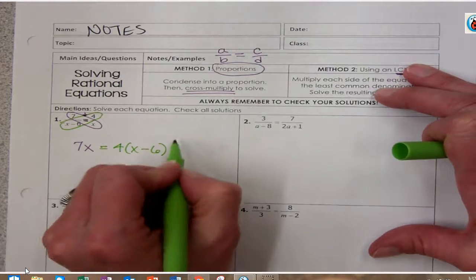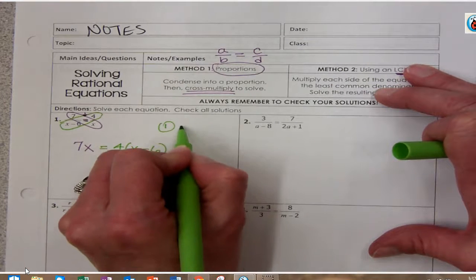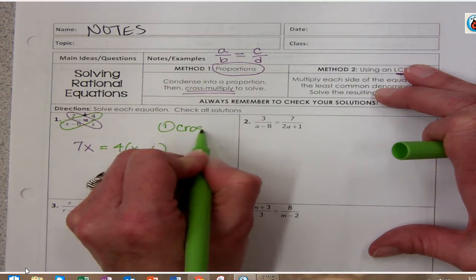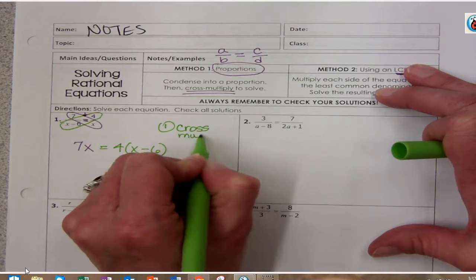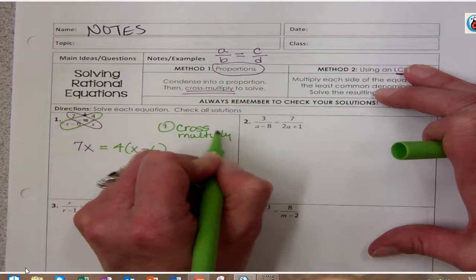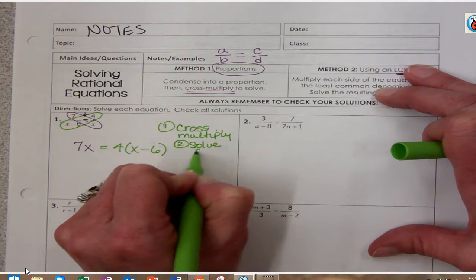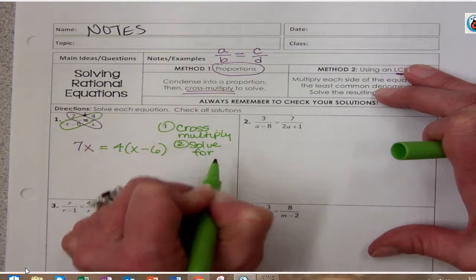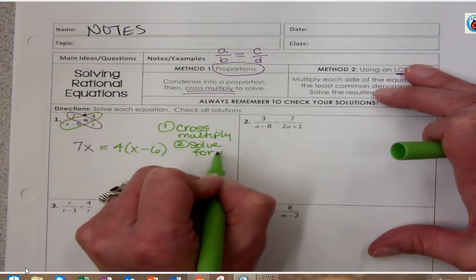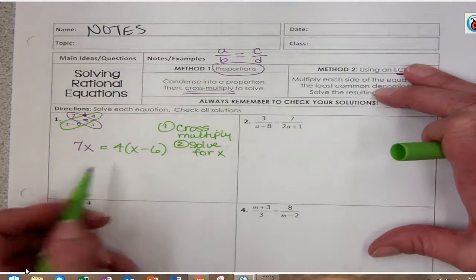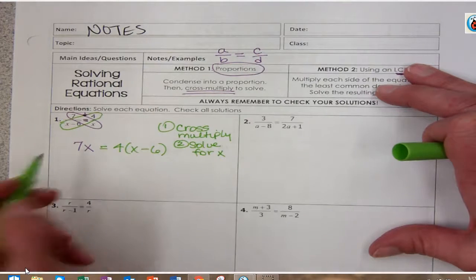Now you just solve. So step 1, cross multiply. Step 2, solve for x, or whatever the variable. At this point it just becomes a simple algebra problem.